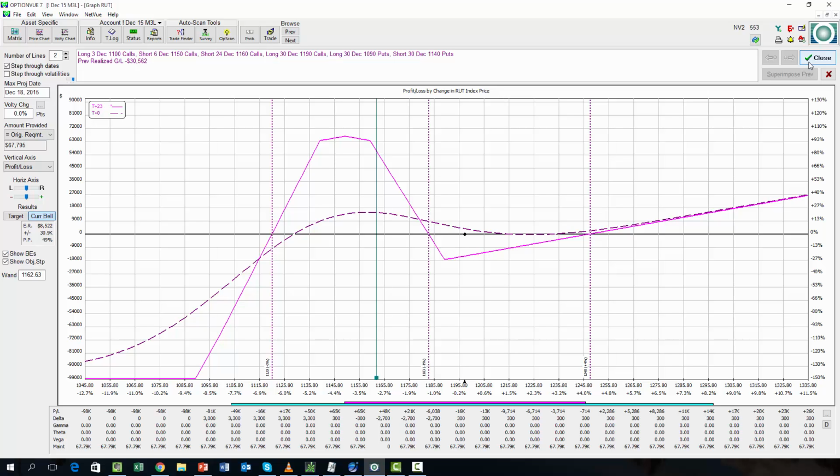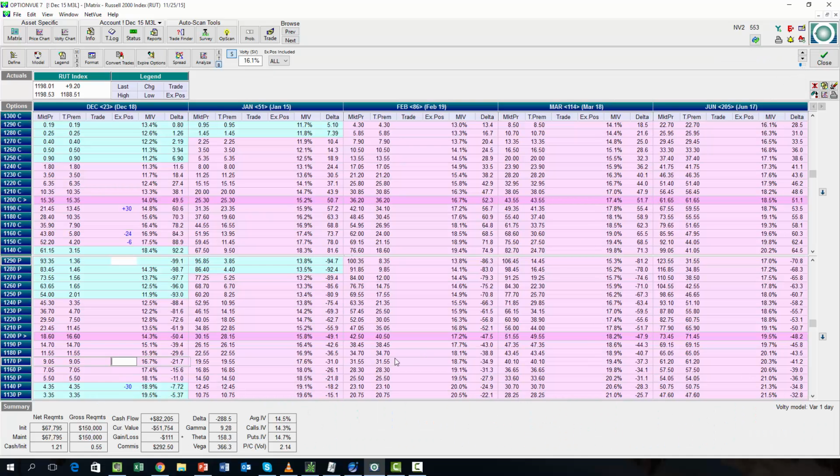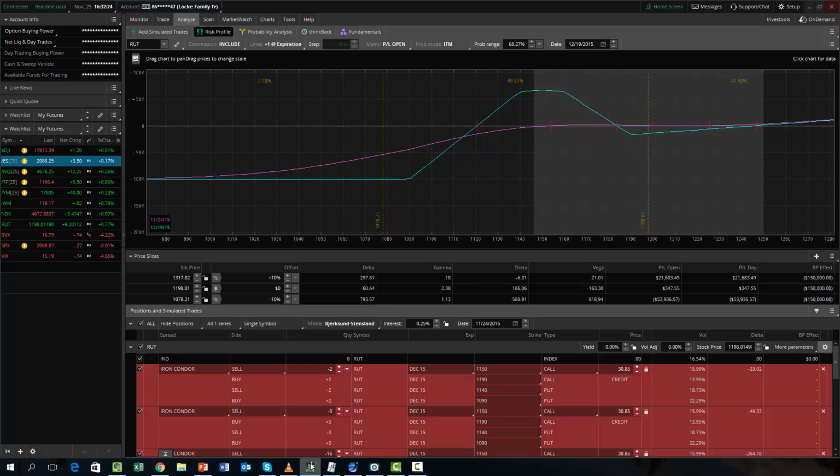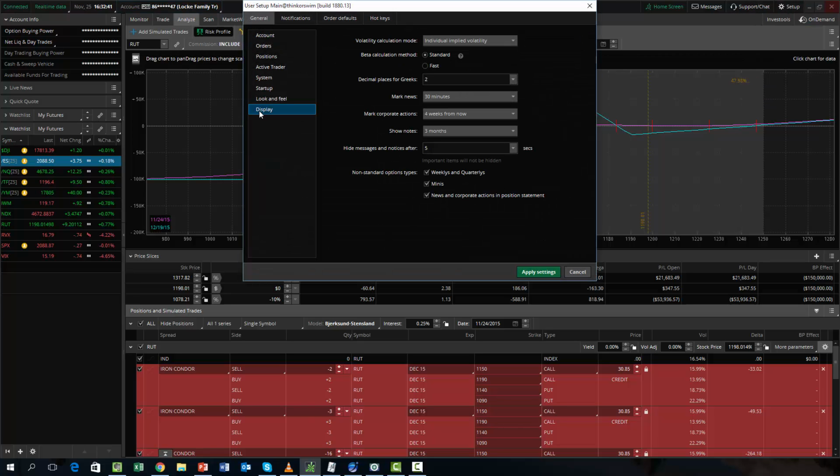Since we're on models, I'd like to talk about ThinkorSwim a little bit, because another thing that people may not know is that TOS also has different models. And their standard model, if you go to set up application settings, display, is individual implied volatility.